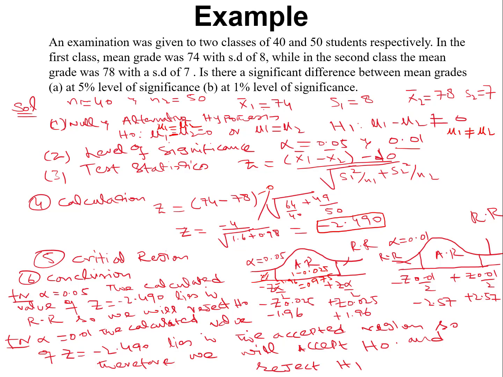It is lying in this region, and this region is the rejected region. So the calculated value of Z equal to minus 2.49 lies in the rejection region, so we will reject H0. For the 5% level of significance, we reject our null hypothesis. It is not true that both means are the same. No, it is true that both means are not the same.